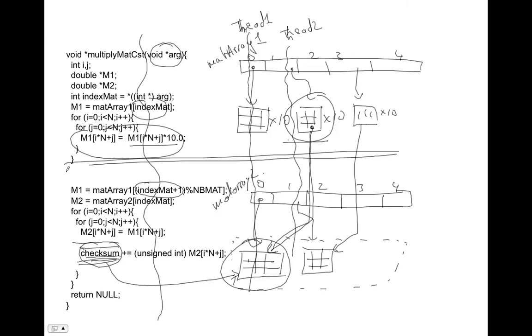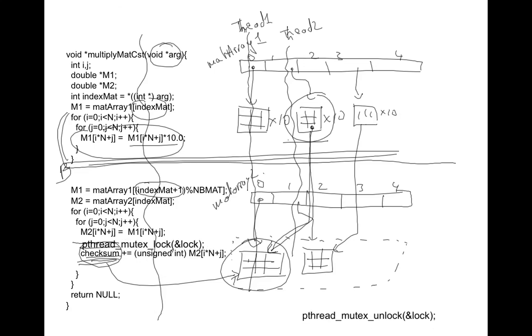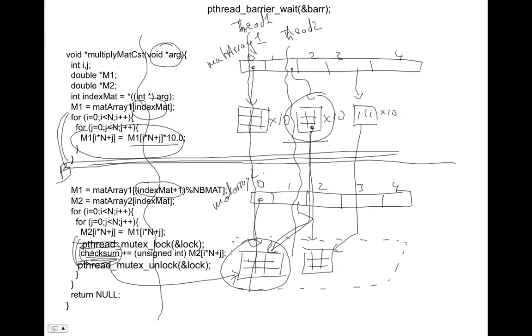And to ensure that all the threads are done with this first part of the computation, multiplied by 10, I need to put a barrier here. So this is for the lock. I put a mutex lock here. Of course, I have to put the unlock here, and the last part of the synchronization I need is to put the barrier between the two parts of the computation of the thread.